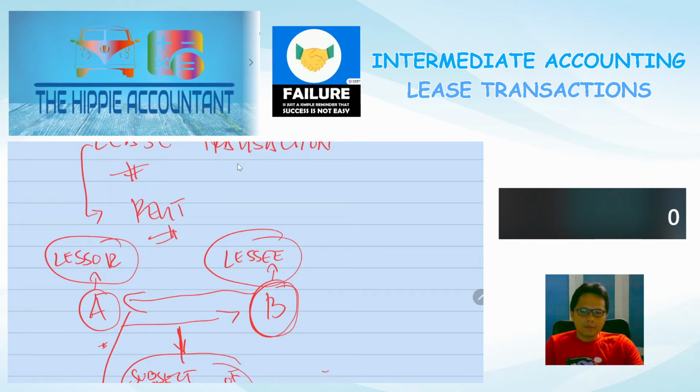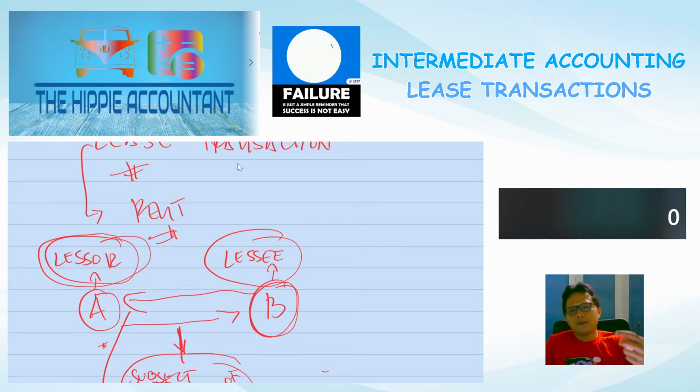We have a different accounting treatment when it comes to lease on the part of the lessee. We also have a different accounting treatment when it comes to lease on the part of the lessor. Okay, you have to remember that, no?